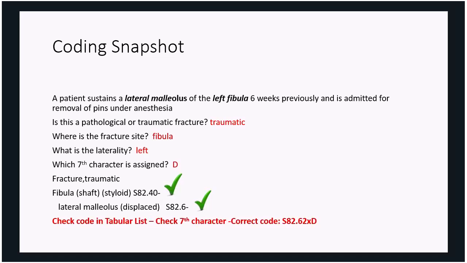In our particular case, we're going to assign D, subsequent encounter for a closed fracture with routine healing, because this injury occurred 6 weeks ago and the patient is still under care and is only being admitted for removal of the pins. So the correct code is S82.62XD. I hope you have found this coding snapshot on fractures helpful.